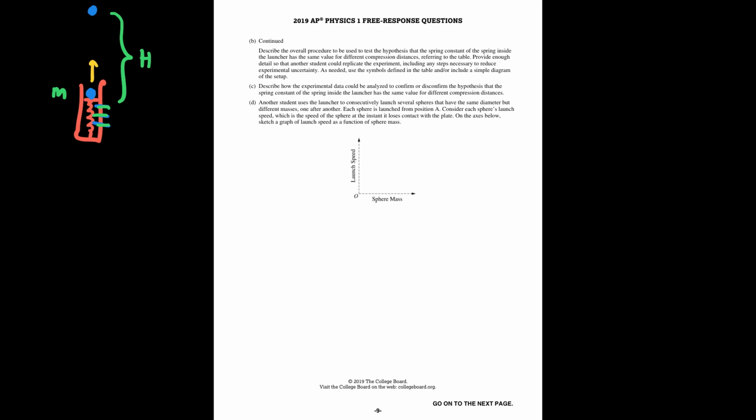Part C says to describe how the experimental data could be analyzed to confirm or disconfirm the hypothesis that the spring constant was constant for different compression distances. Referring back to my previous equation, I think we wrote a 1/2 kx squared equals mgh conservation of energy equation, in which case we got that the spring constant was equal to 2mgh divided by x squared.